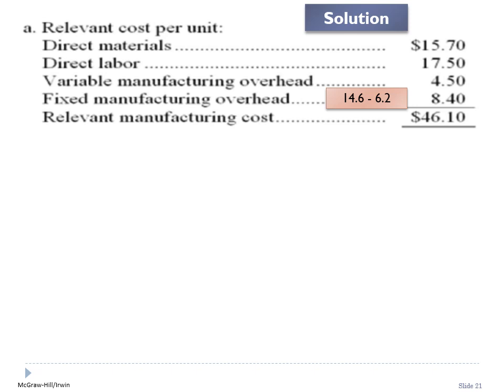To calculate the relevant fixed manufacturing overhead, we deduct the irrelevant cost, which equals 6.2, from the total fixed manufacturing overhead, which equals 14.6. So we arrive at the fixed manufacturing overhead which is relevant to this decision.